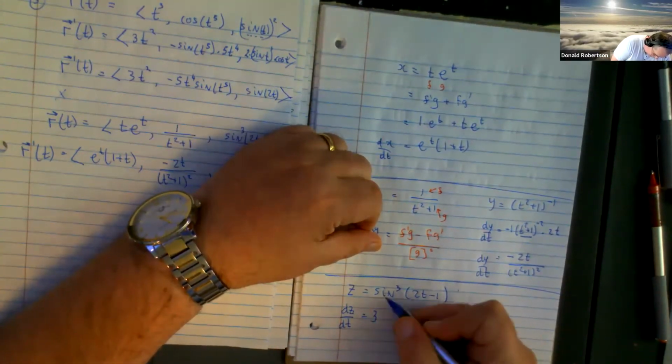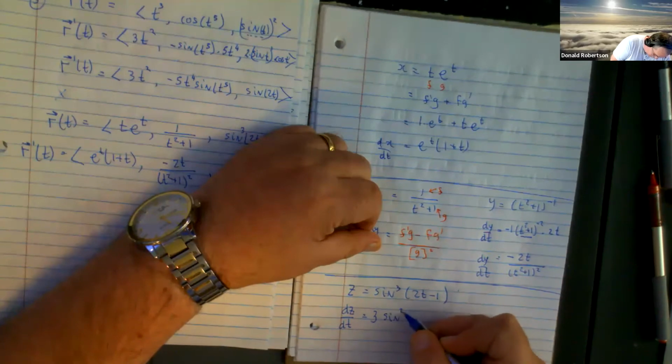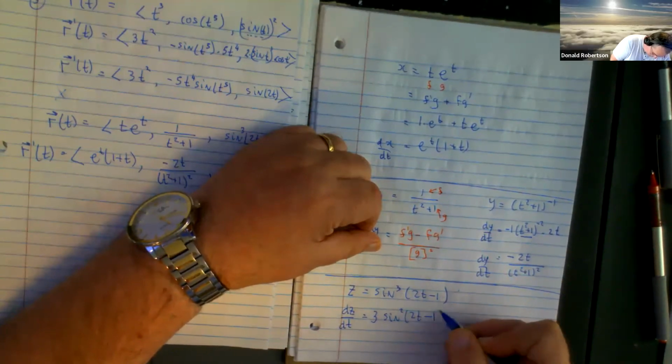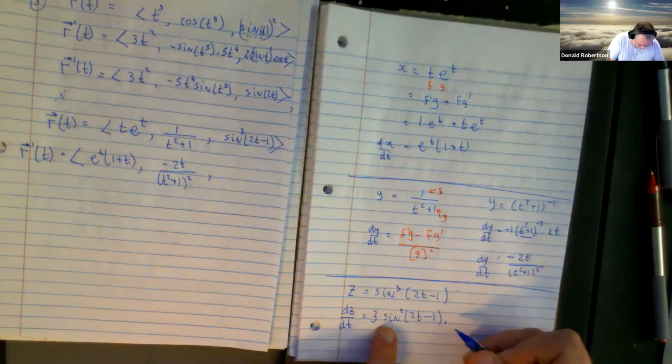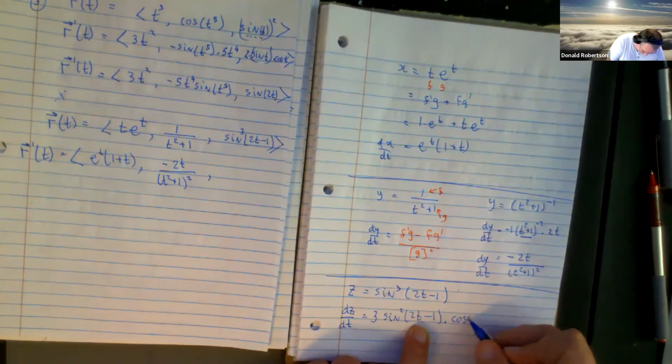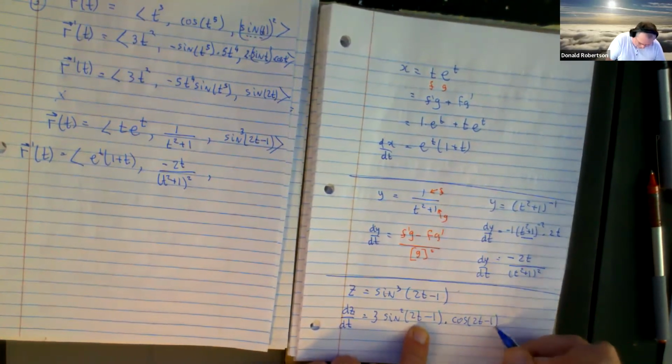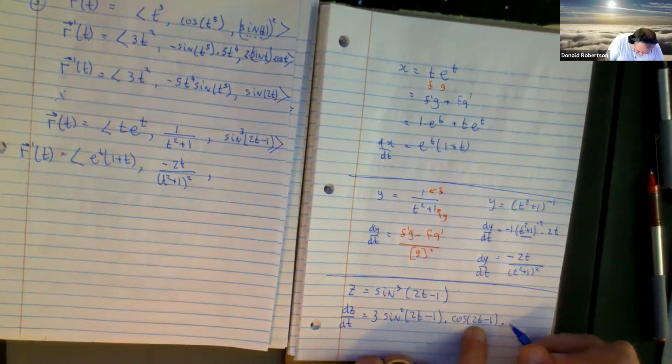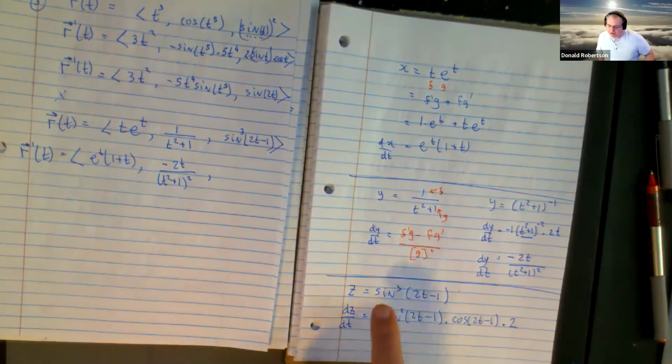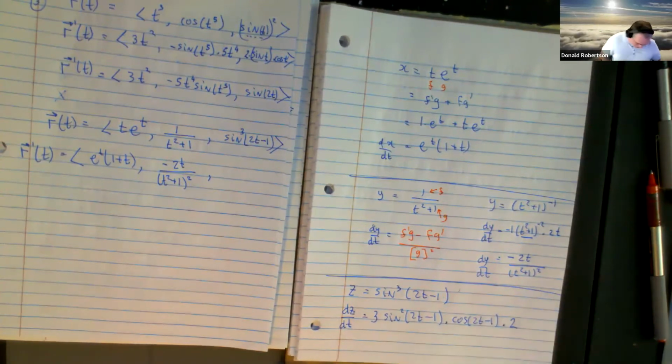So you've got 3 times this guy squared times the derivative of a sine, which is the cosine, times the derivative of 2t minus 1, which is times 2. Do you see it's like a doll inside a doll inside a doll kind of thing? So I call them the Russian dolls questions.